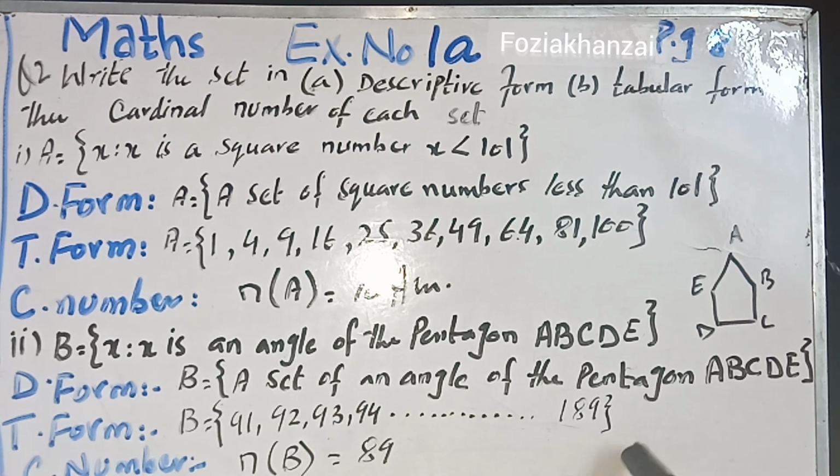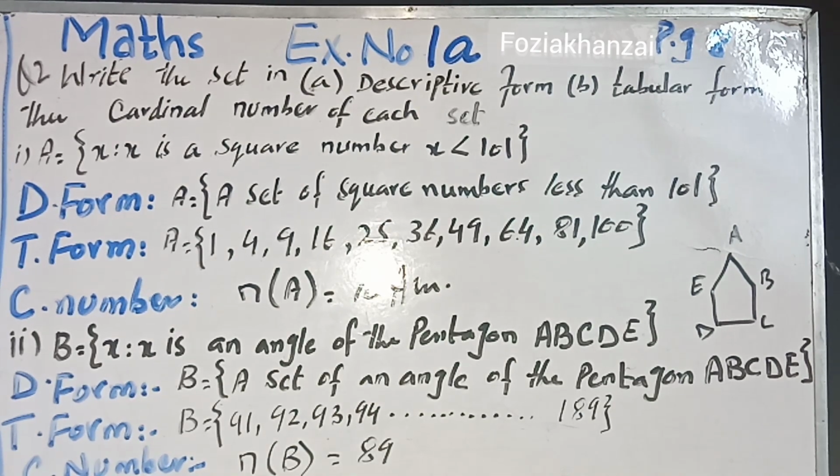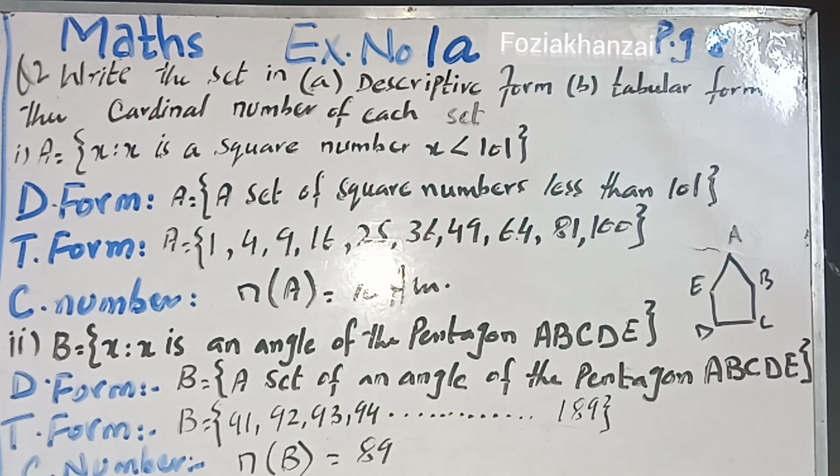This is called tabular form. Now cardinal number: we count the total elements, the total members of the tabular form. It's 89. 91 is the first member, 92 is the second member, 93 is the third member or element, 94 is the fourth member.